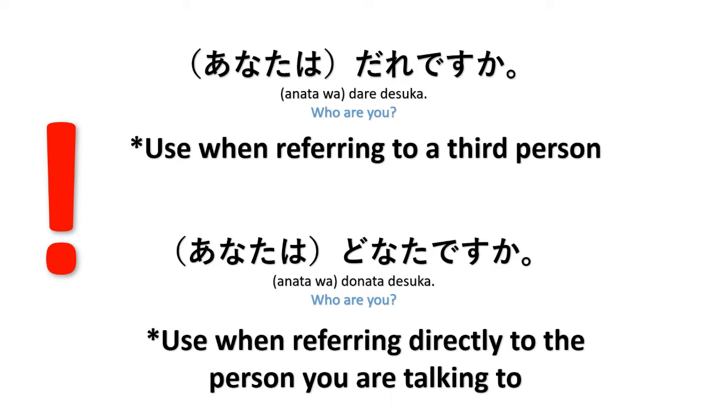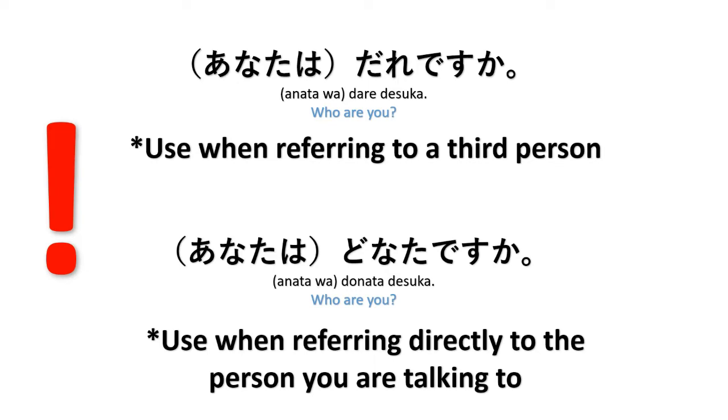While we can use donata when we are directly referring to a person that we are talking to, because this is a more polite way of saying who are you. We try and avoid dare when speaking directly to somebody.